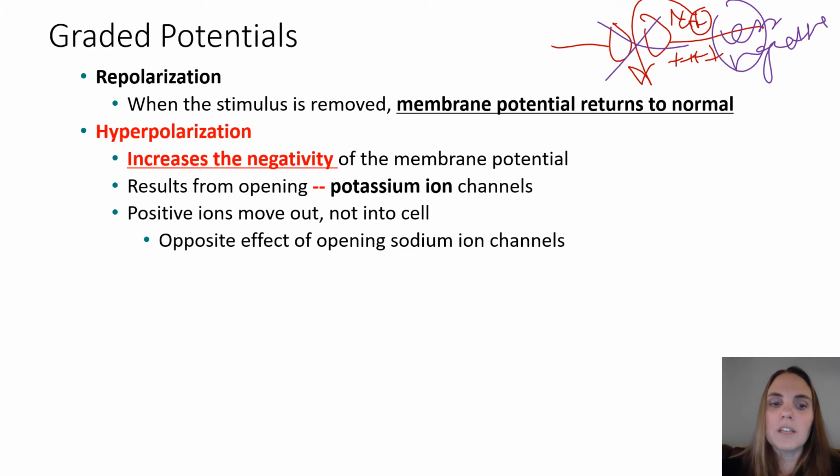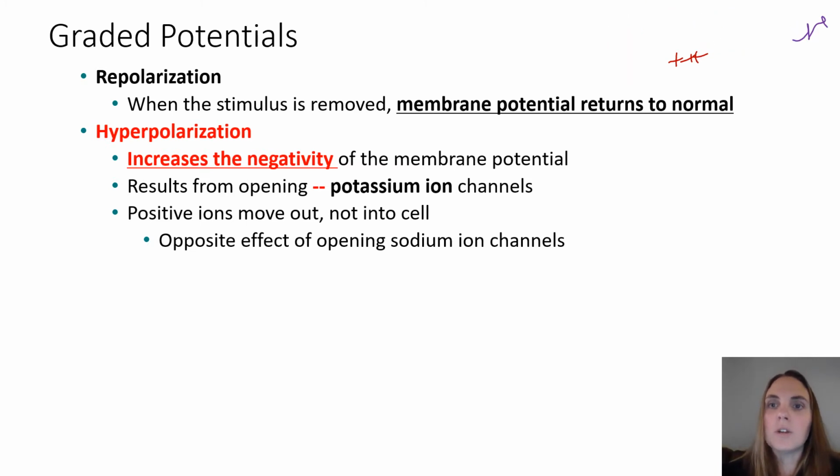And that repolarization is usually going to involve a combination of ion movements via membrane channels and ion pumps like that sodium-potassium pump. Remember that sodium-potassium pump, that is an active process that reverses that sodium and potassium.